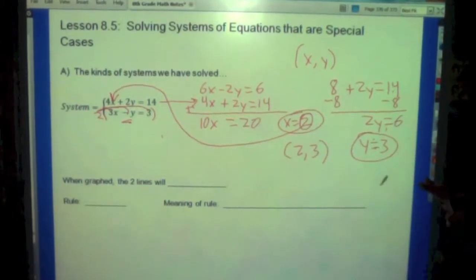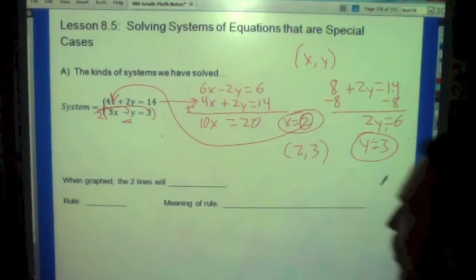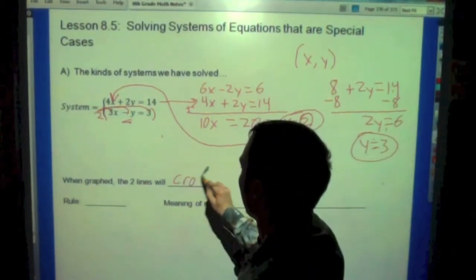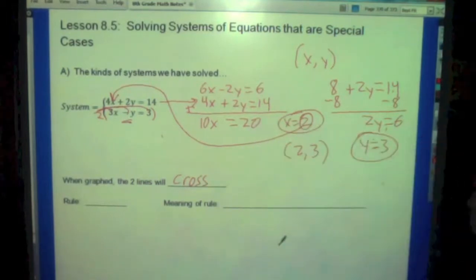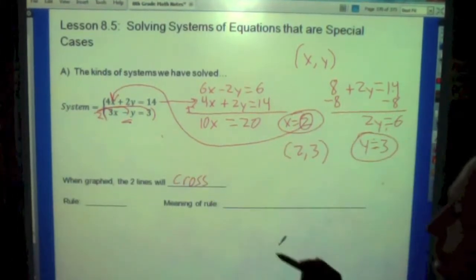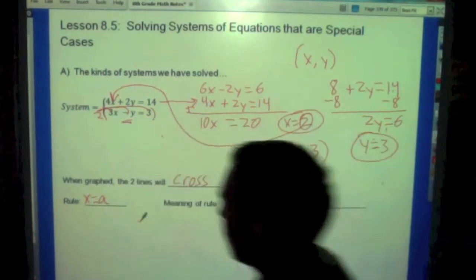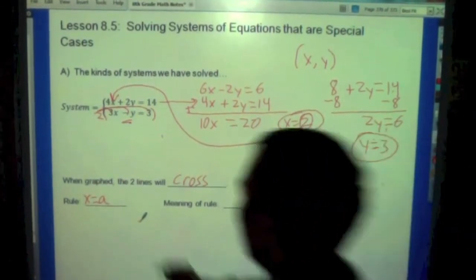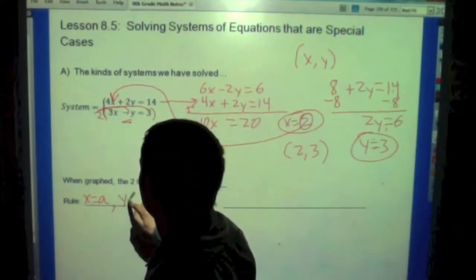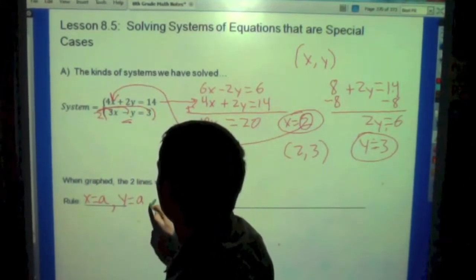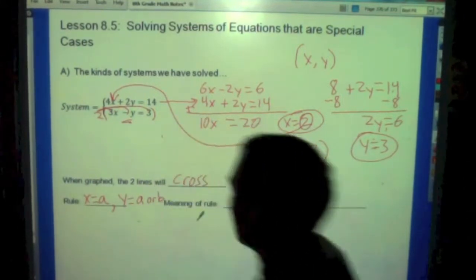When you have a system that has one solution like this, we have one answer, one spot where they cross. We have coordinates. That means the lines will cross. So our rule for algebra, for this type of equation, is when x equals any number and y equals any number.